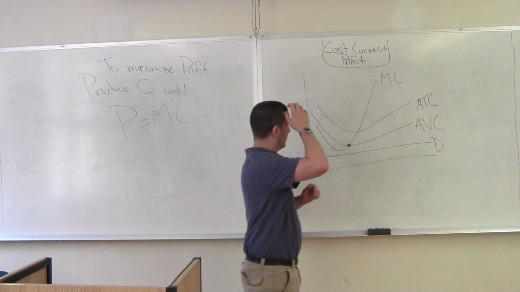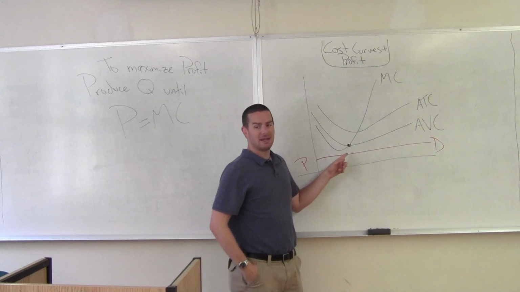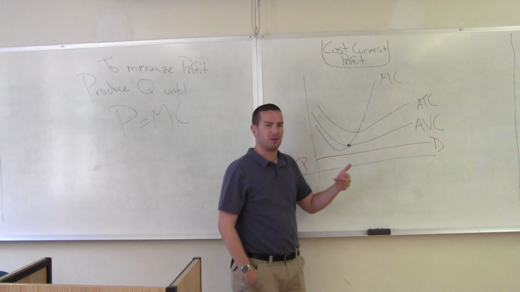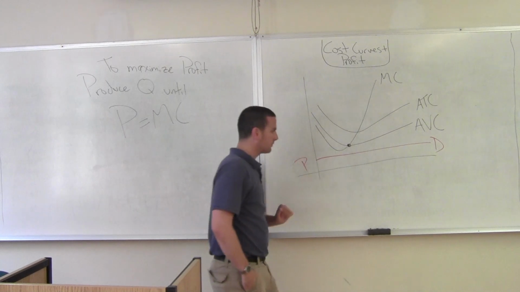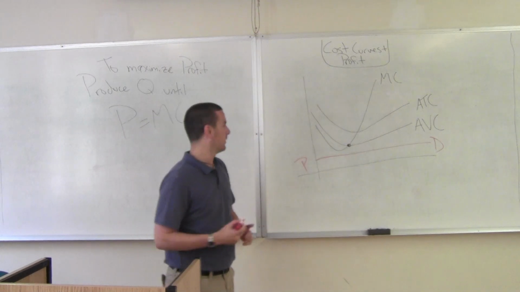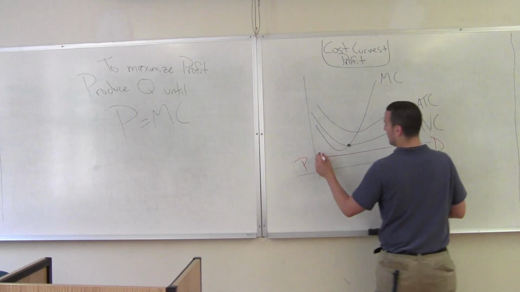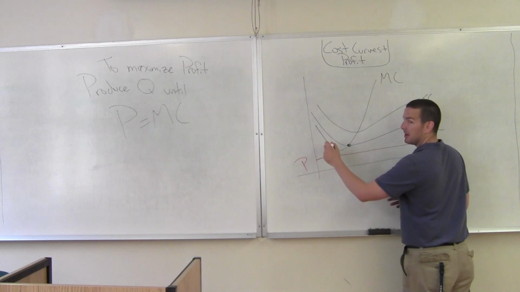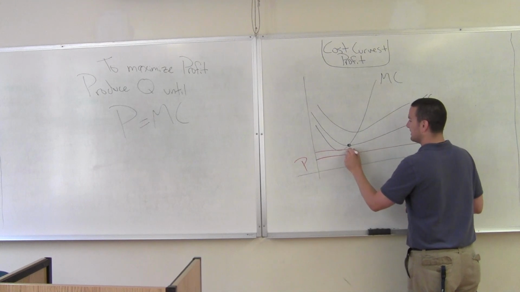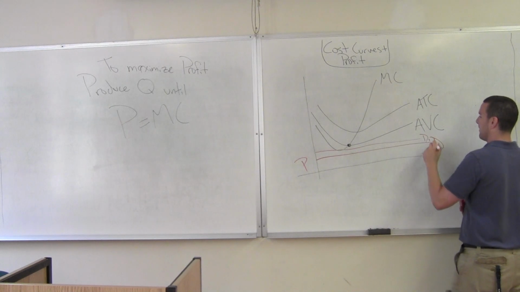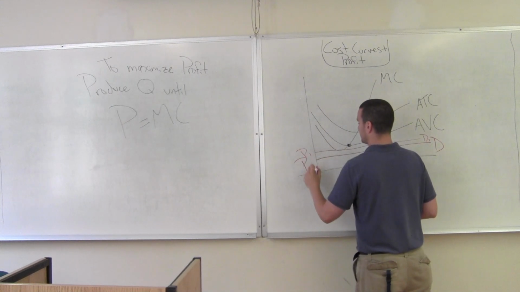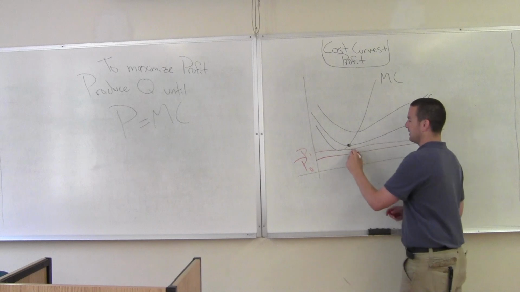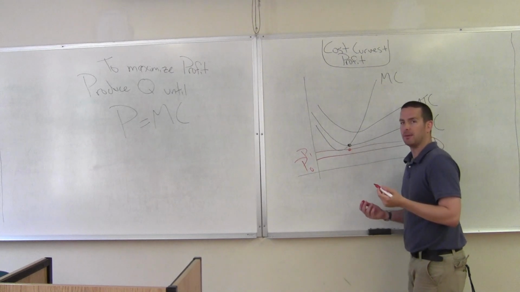So, what you end up getting is a situation that we can build up to called this. If the price went up a little bit and went to here, you still wouldn't be able to cover the cost of your labor.